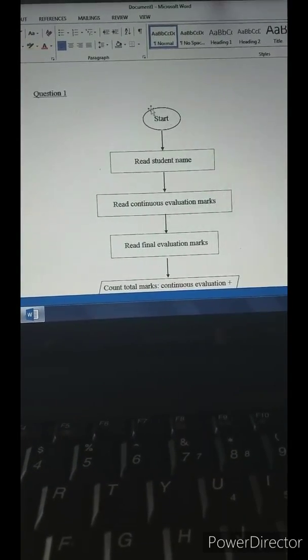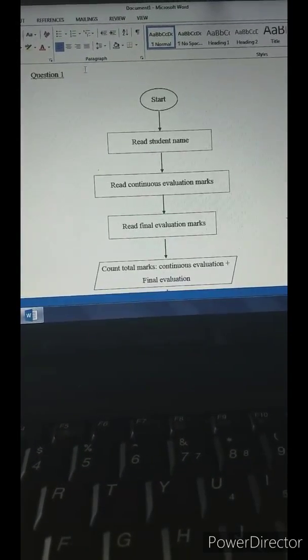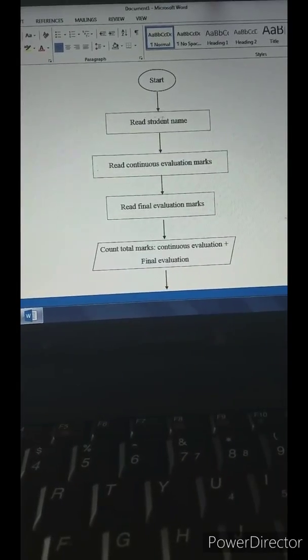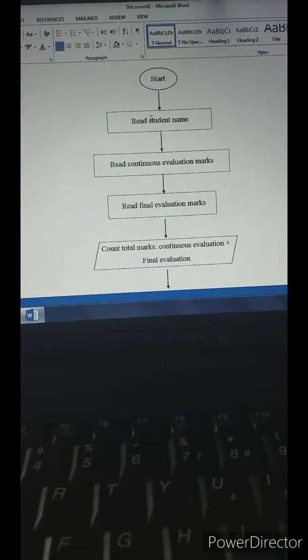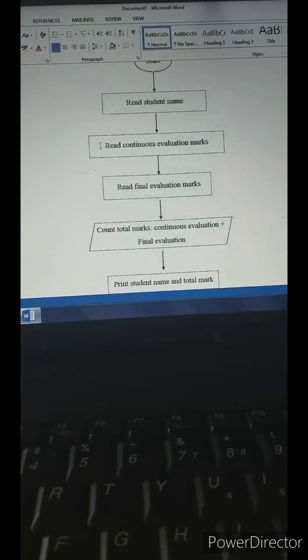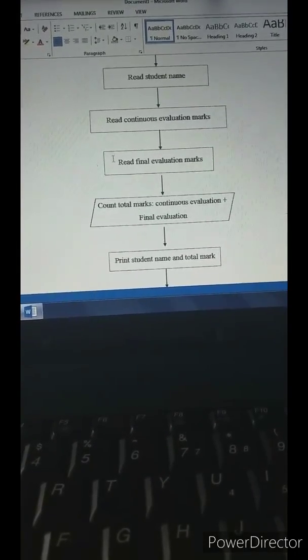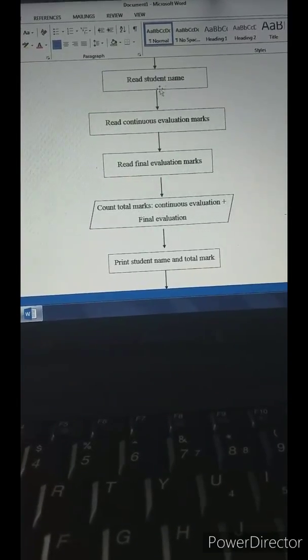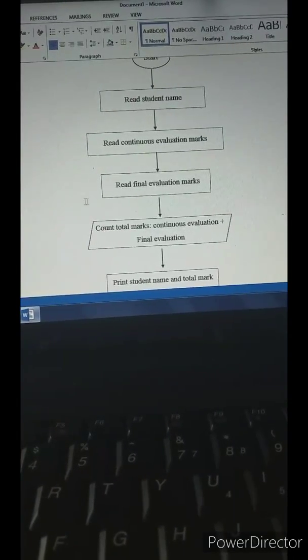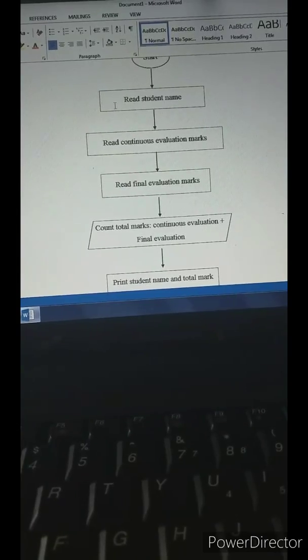So first of all, we are going to start. The flowchart will be start, and then the next one is the assignment: read student name, and the next one will be read continuous evaluation mark, and the third one will be read final evaluation mark. So it will be three readings in total.